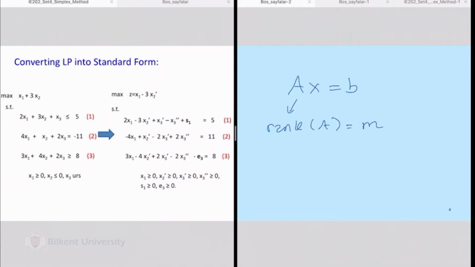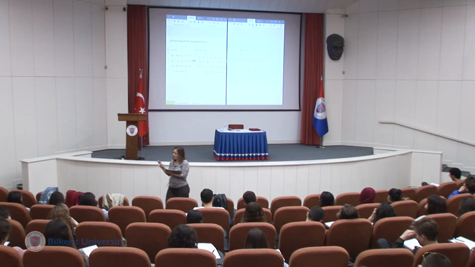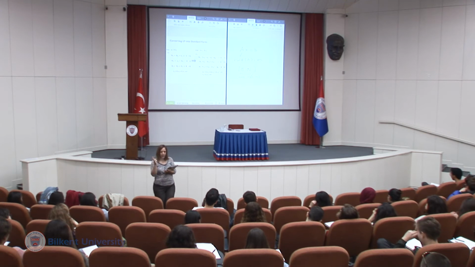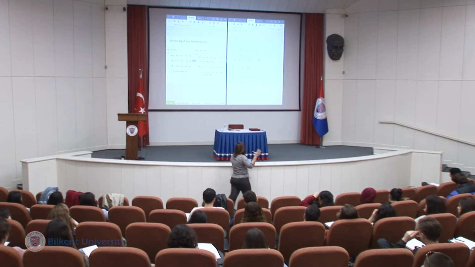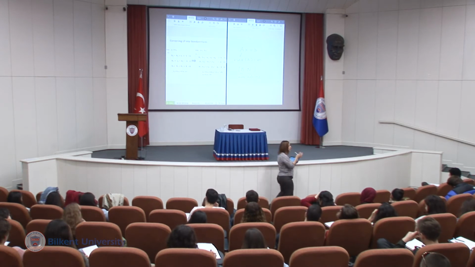So I can write my matrix A as B matrix and then N matrix, where B is M by M, and N is the remaining M by N minus M. I can always do this. Rank is full. I can always bring some M linearly independent columns to the beginning.